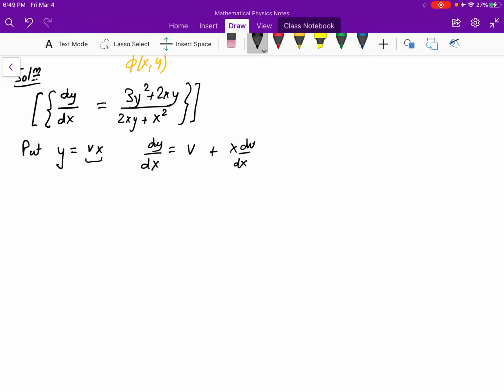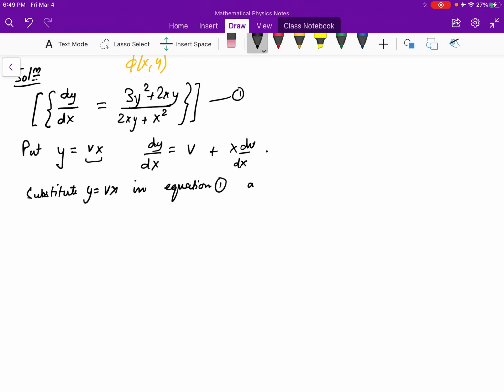This is how we break down this substitution and take a derivative of it. So we can rewrite and substitute y equals vx in equation 1, as we see over here. It's just at the top.